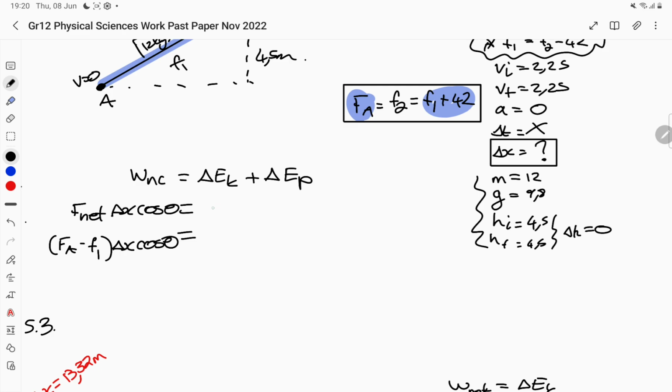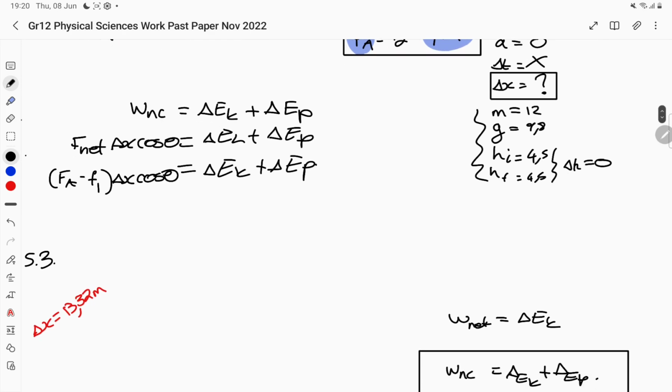So we just leave this delta Ek here for now. I'll do it again. And we just sub in the values.